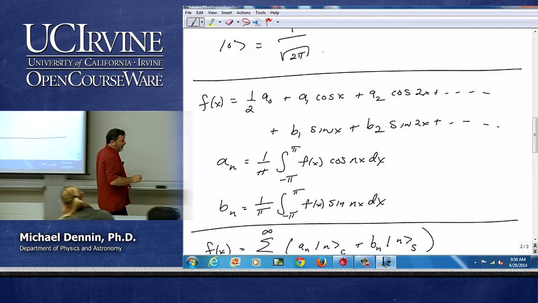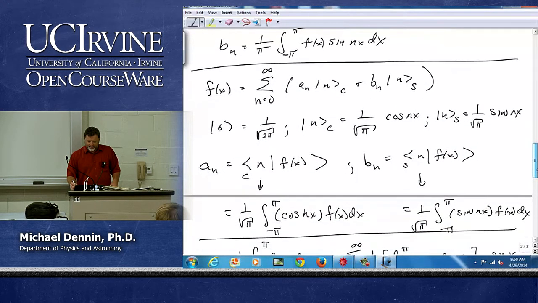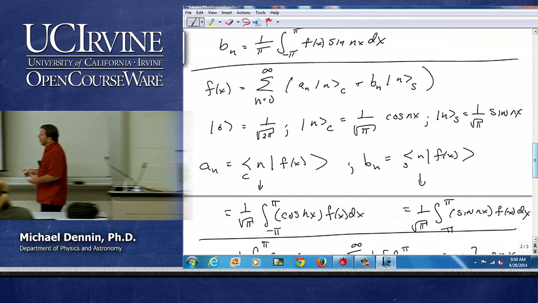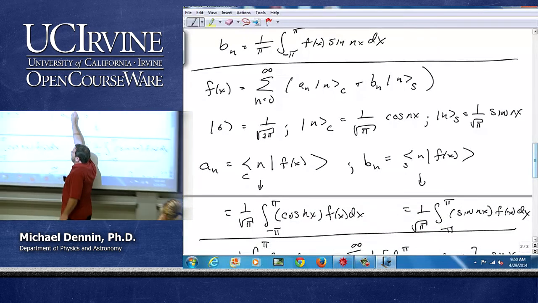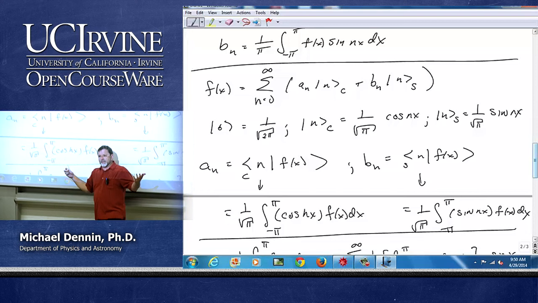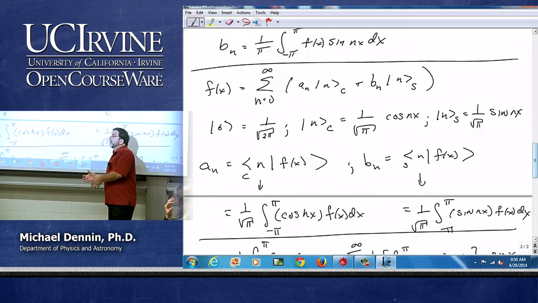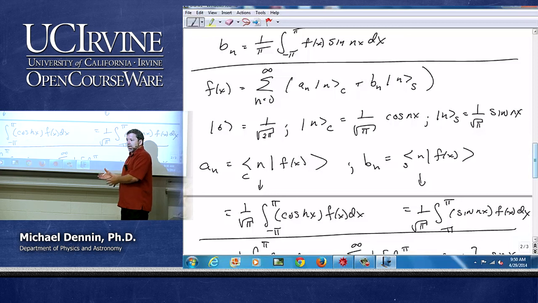Our notation, and this is why we spent time on the bras and kets, except where I tell you what the kets are, except for that line up there, this line and the first line is independent of the interval I choose. The interval I choose tells me what ket n is. It tells me its normalization.